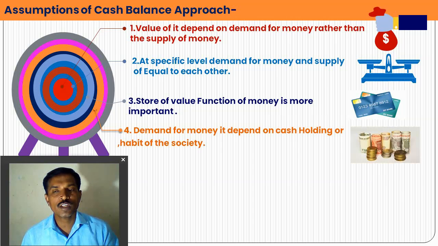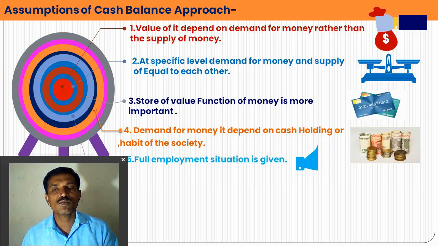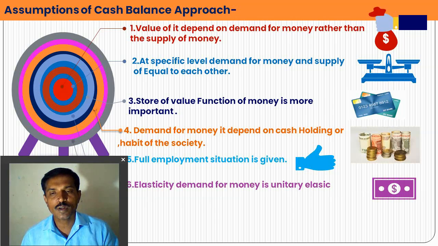The next assumption is that a full employment situation is given for the analysis. And the last assumption of this theory is that the elasticity of demand for money is unitary. So these are the assumptions in this theory.